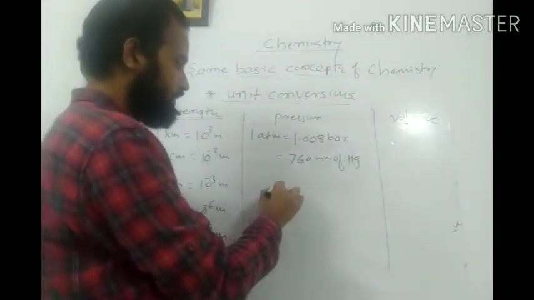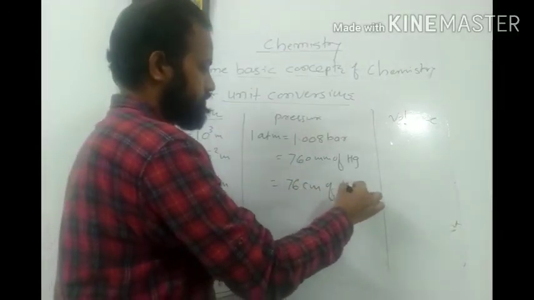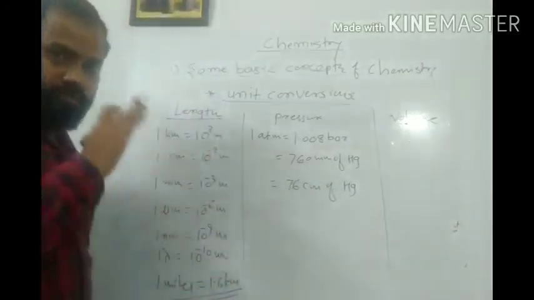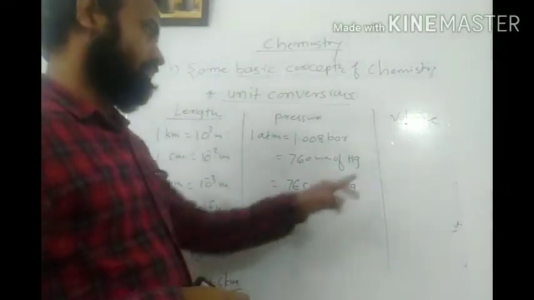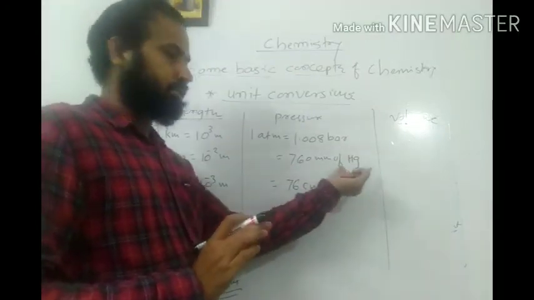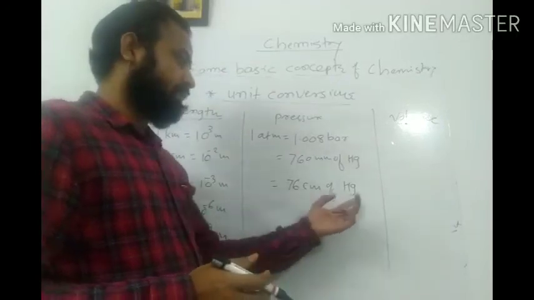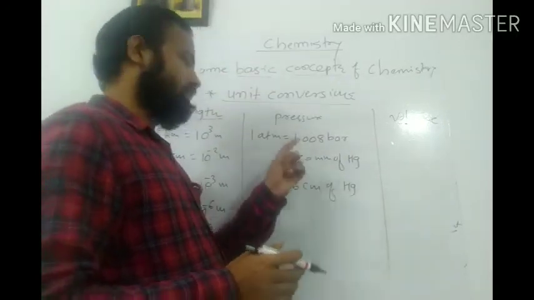It is also written as 76 centimeter of Hg. The scale is there on which mercury is shifting, and it indicates the 1 atmospheric pressure. If it is 760 mm of Hg, or 76 centimeter of Hg, we can say this pressure is 1 atmospheric pressure.